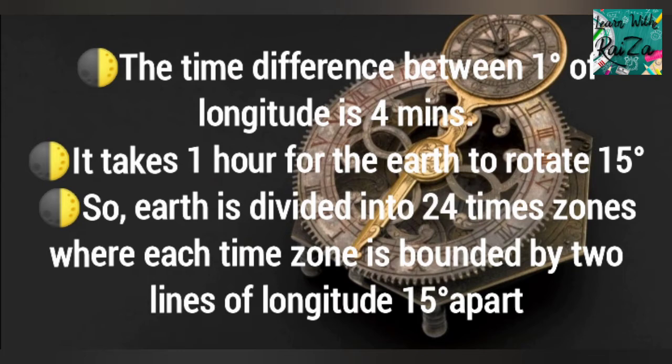So, the earth is divided into 24 time zones, where each time zone is bounded by 2 lines of longitude 15 degrees apart. You have to remember these facts when you are doing questions, especially that the time difference for 1 degree of longitude is 4 minutes and it takes 1 hour for the earth to rotate 15 degrees.